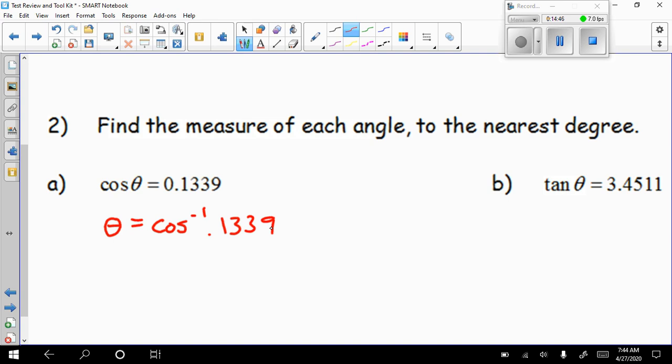On my calculator, I go second function, cos, and it gives me this cos with a little negative 1. And then I type in 0.1339, and I get an angle of 82 degrees. It says to the nearest degree, so I'll go, it was 82.3, and because that wasn't above, the 3 wasn't above a 5, I just keep it at 82.